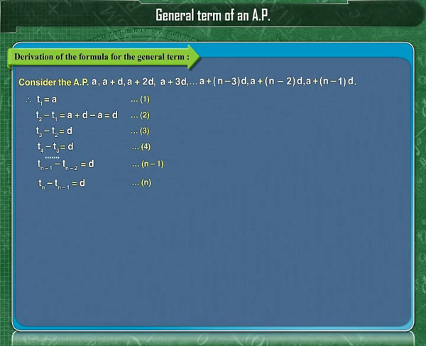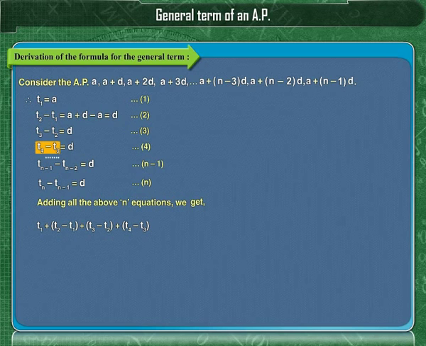Here we have n equations. Adding all the n equations we get T1 plus (T2 minus T1) plus (T3 minus T2) plus (T4 minus T3) plus so on up till plus (T(n minus 1) minus T(n minus 2)) plus (Tn minus T(n minus 1)) is equal to a plus d plus so on up till plus d.